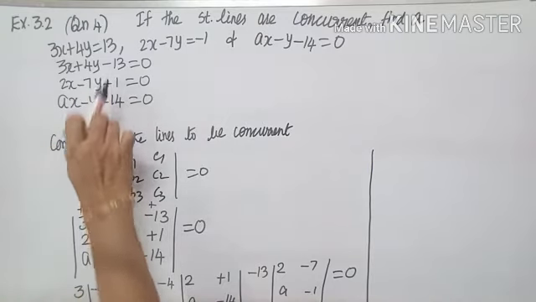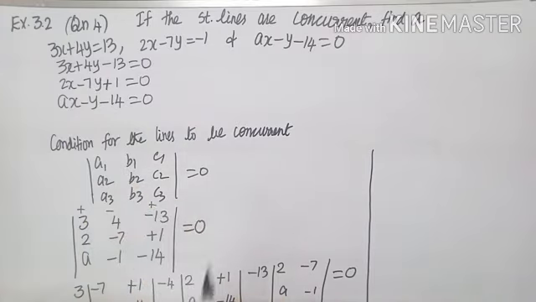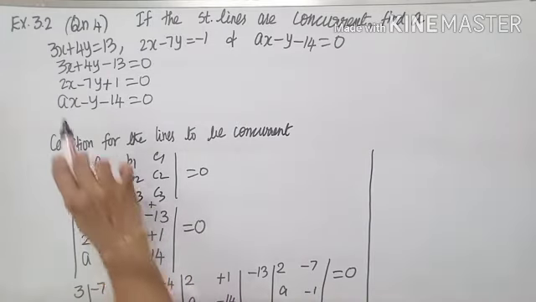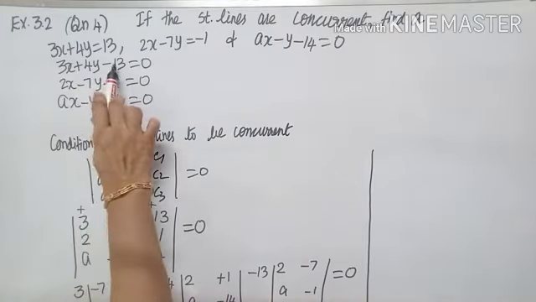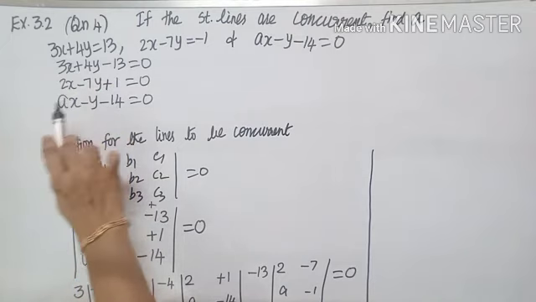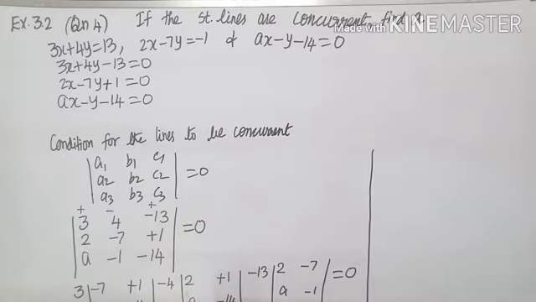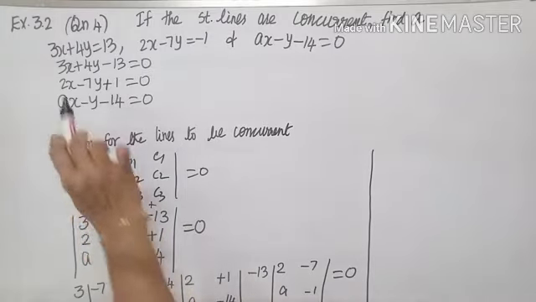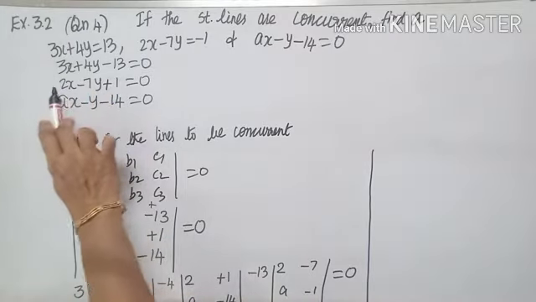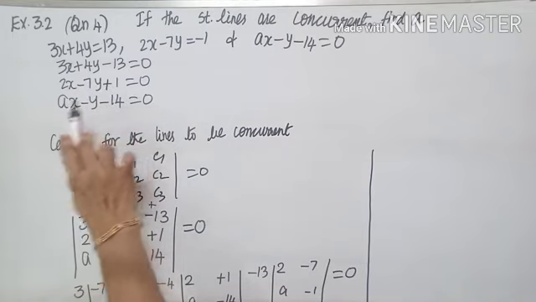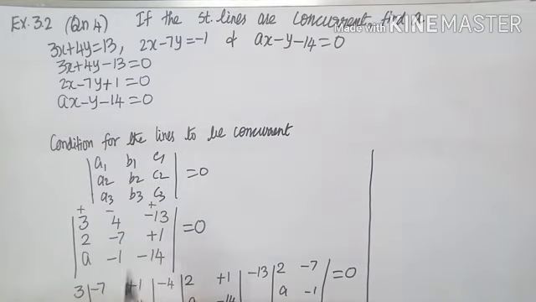Constants together. Condition for the lines to be concurrent, the coefficients a1, b1, c1, a2, b2, c2, a3, b3, c3, the determinant should give 0. Substitute 3, 4, minus 13, 2, minus 7, 1, a, minus 1, minus 14 equal to 0.